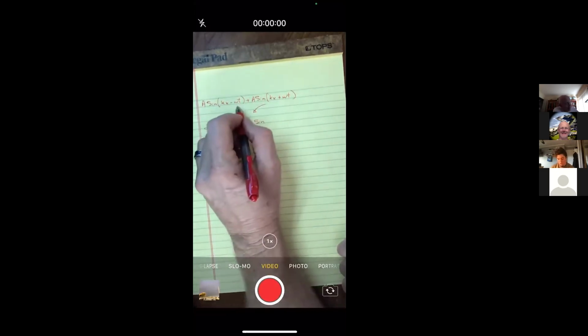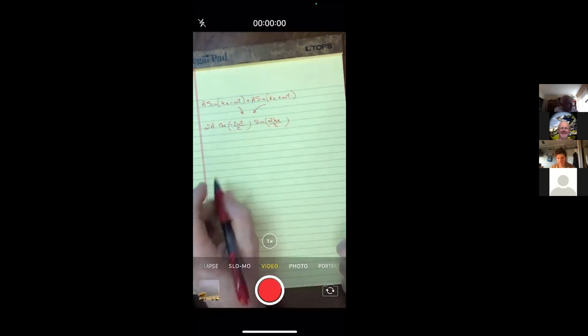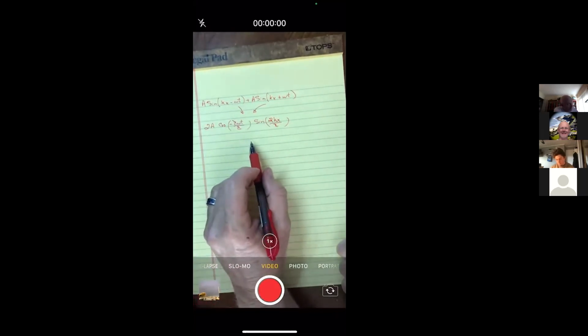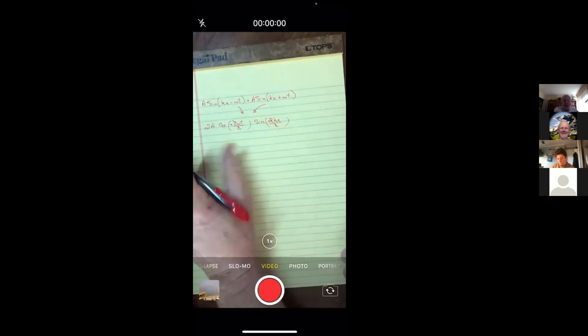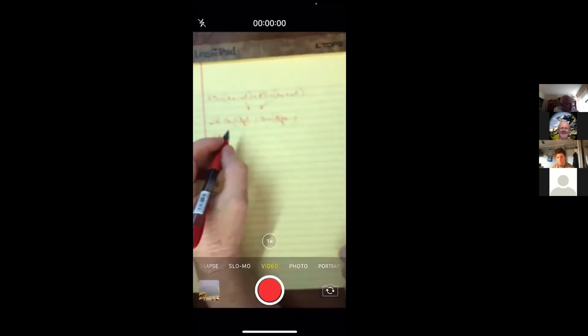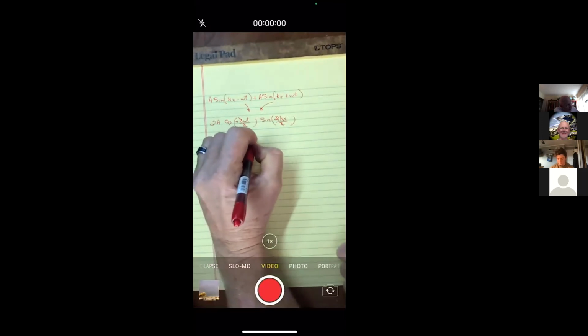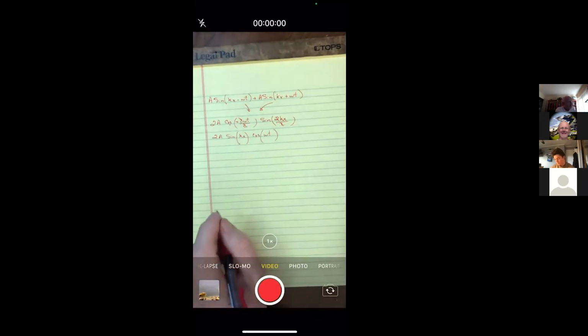When you add these two, you get 2kx over 2. The 2's cancel off. The negative in a cosine function is irrelevant because it is an even function. And I think the way your book wrote it was to write the sine function first and then the cosine function.